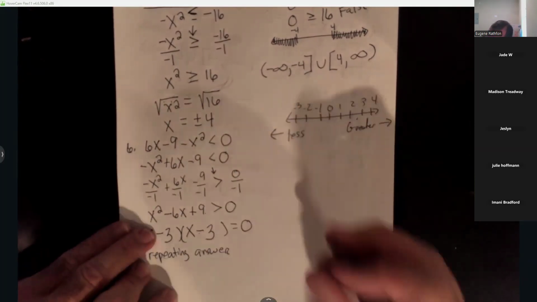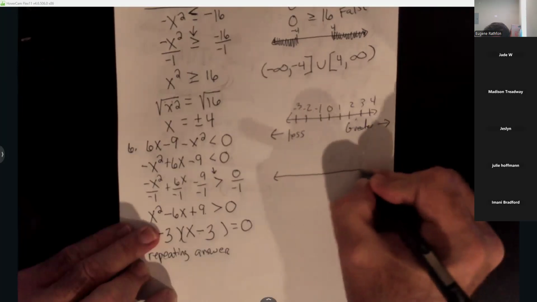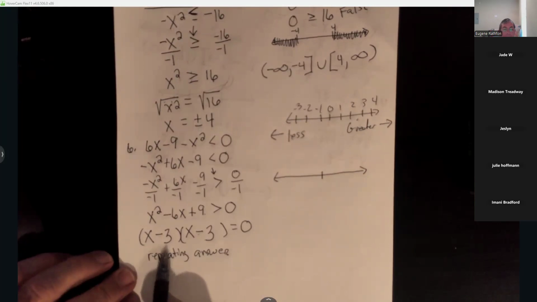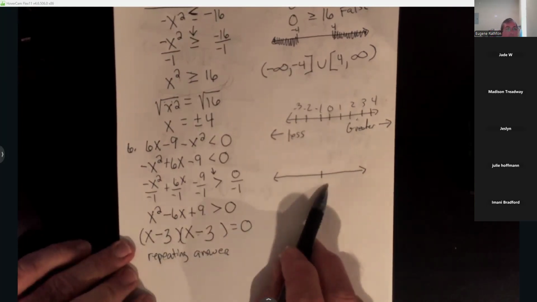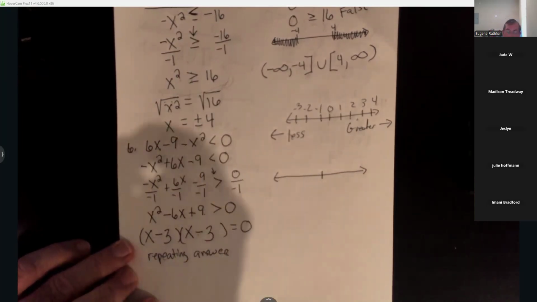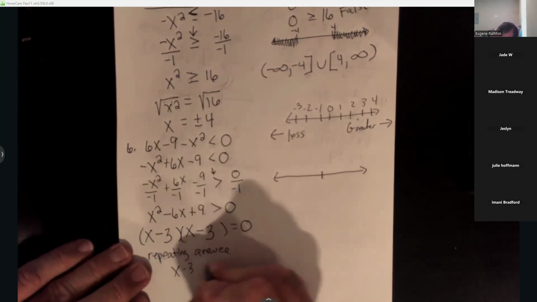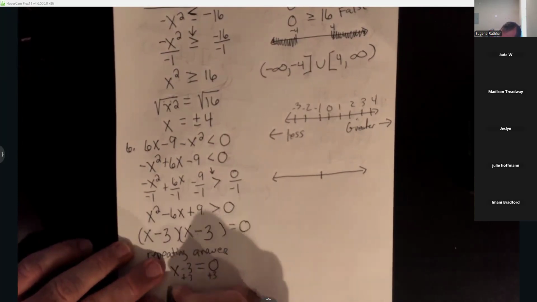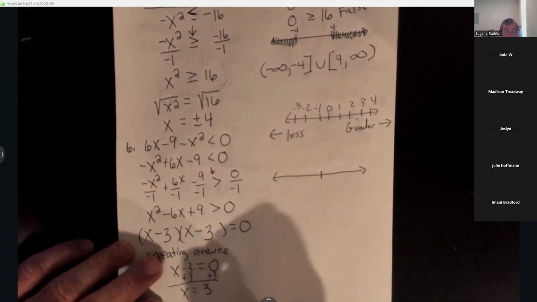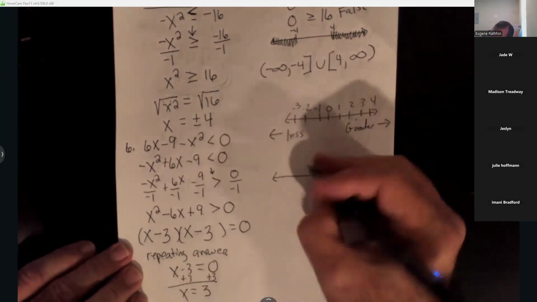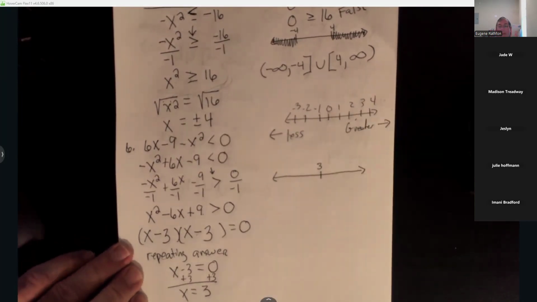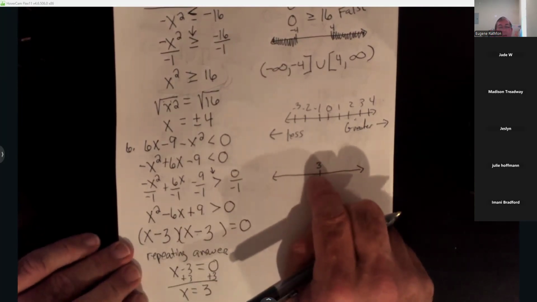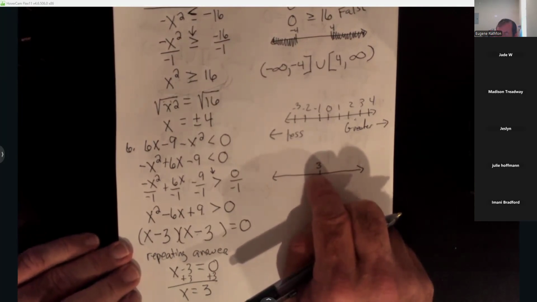So remember, when it's a repeating answer on my number line, you would solve this and find what number to put right here. So let's see. X minus 3, if I set that equal to 0, I would add 3 and get X is a positive 3. And y'all remember, I said if you had a repeating answer, that's the only number you're excluding from your domain.